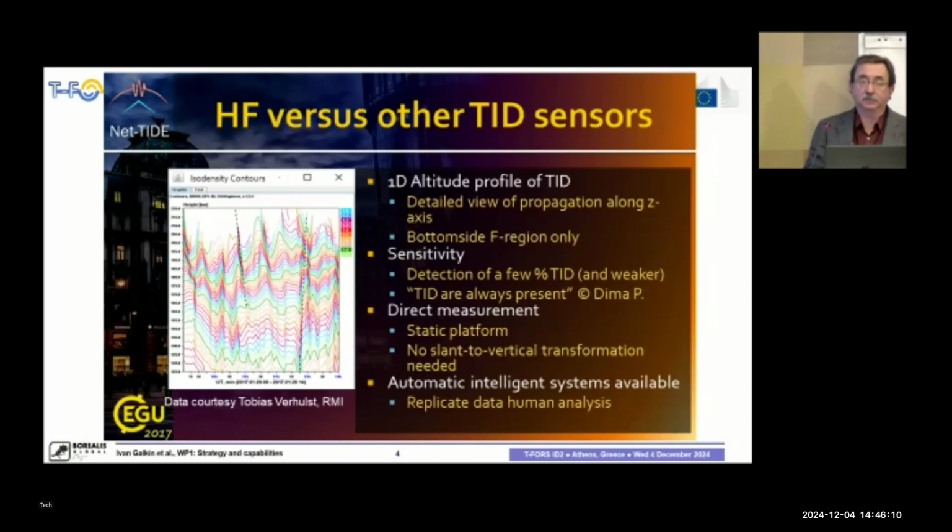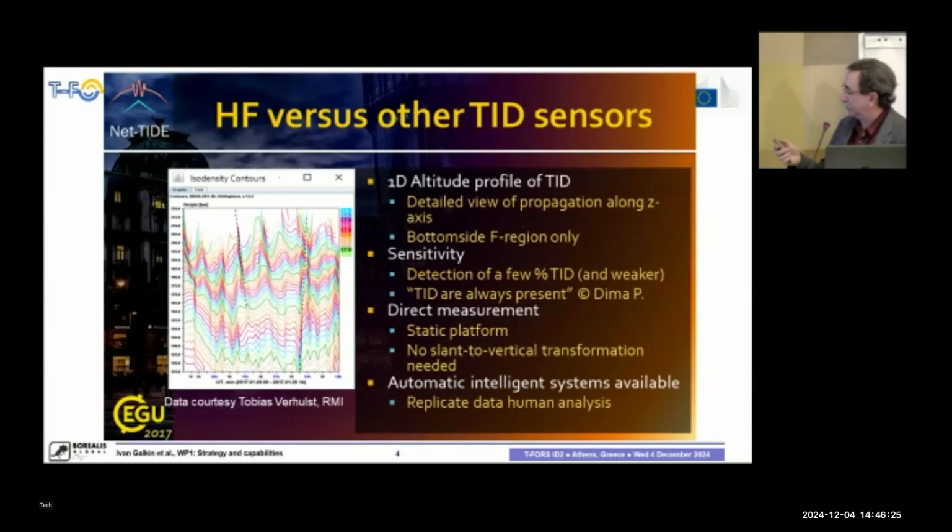That gives us very high sensitivity to even minor TIDs, like a 5% modulation in the density, which will not show up anywhere else. We see it very quickly, very clearly.